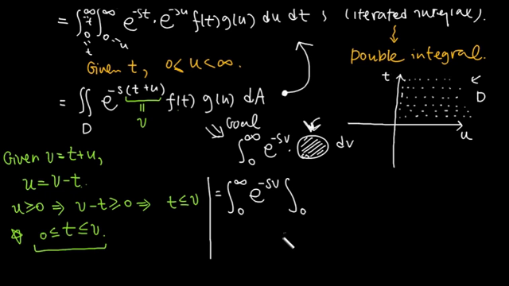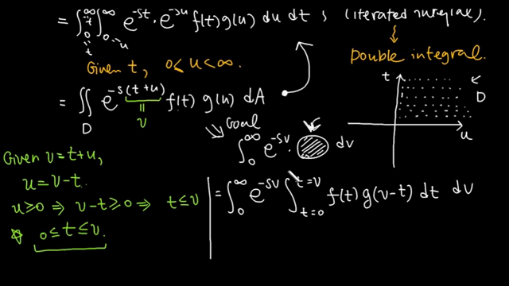So let me write down here again. This is supposed to be t from 0 to v, given a value of v. The rest of the part is this f of t, that's the part. And g is now, u is v minus t, so it's g of v minus t. And inside here dt, and outside there is dv.